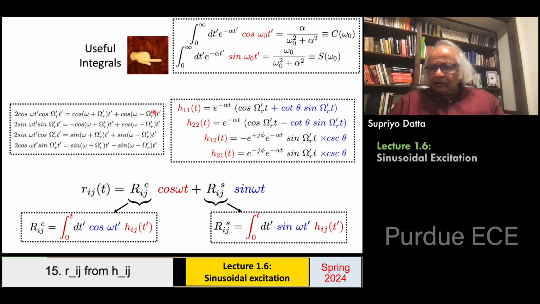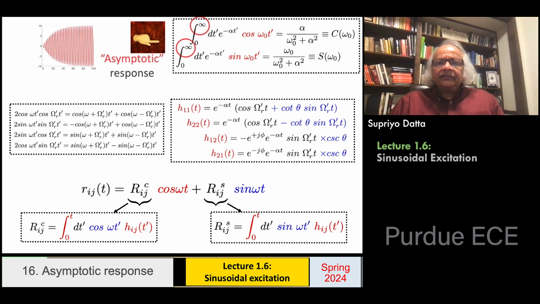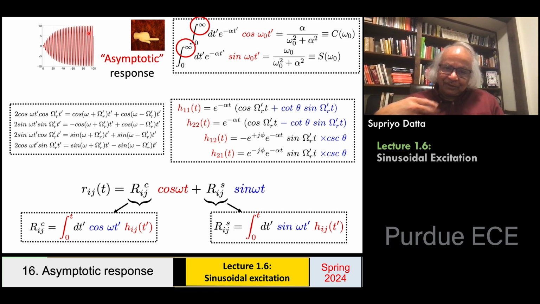Now, before I go on, let me point to one subtle thing I did here, which is I changed this upper limit to infinity. That's because we are interested in the asymptotic response. You're exciting it with a certain frequency, and it will gradually build up, the way a swing gradually builds up as you push. The initial part of the build-up we don't really care for.